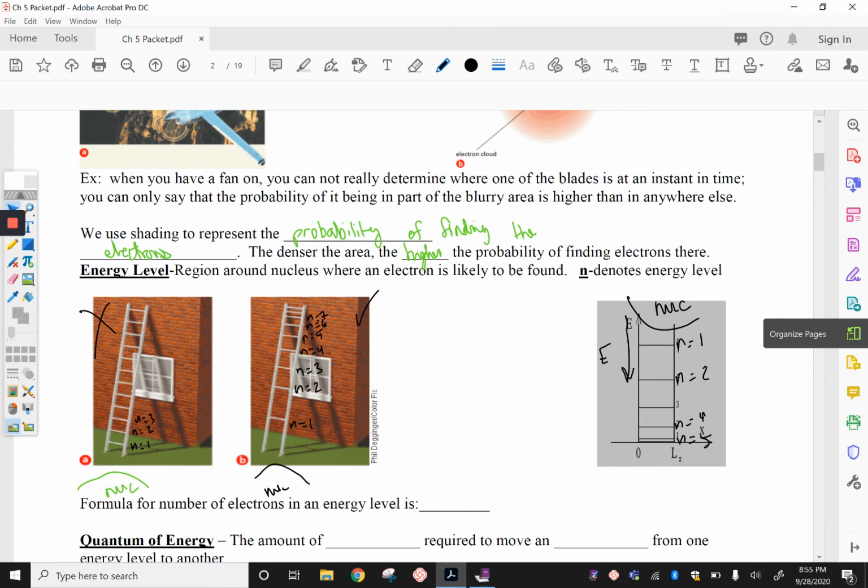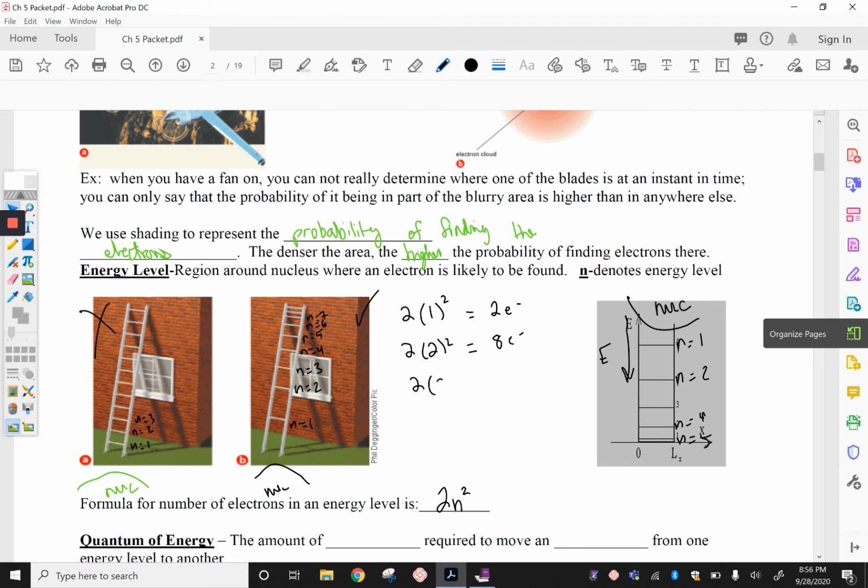Now, each energy level can hold up to a certain number of electrons. That number of electrons is 2n squared, where n is the energy level. So for example, the first energy level, you have 2 times 1 squared. 1 squared is 1, times 2 would be 2 electrons. The second energy level would be 8 electrons.